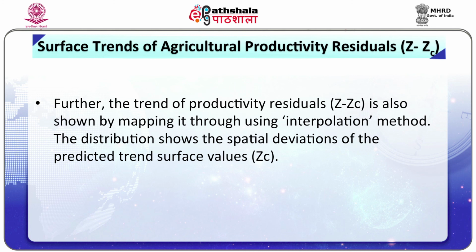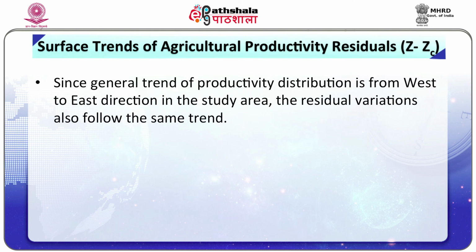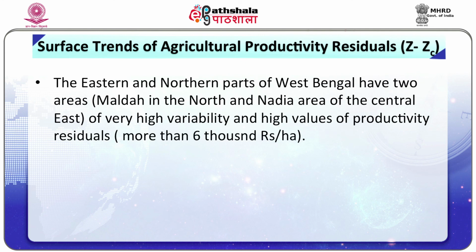Since general trend of productivity distribution is from west to east direction in the study area, the residual variations also follow the same trend. The eastern and northern part of West Bengal have two areas, Malda in the north and Nadia area of the central east, of very high variability and high values of productivity residuals, more than 6,000 rupees per hectare.